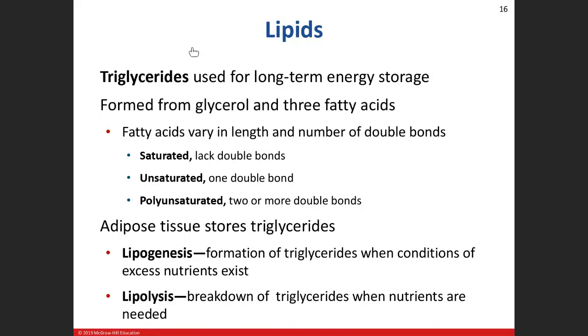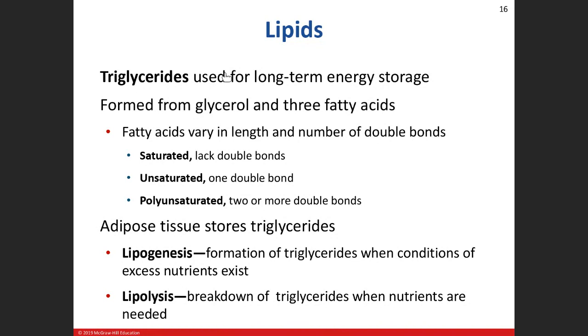Ideally your body would like to use triglycerides, because you get a lot of energy from a triglyceride molecule. But depending on whether you're in the fed or fasting state will determine what type of metabolism occurs.